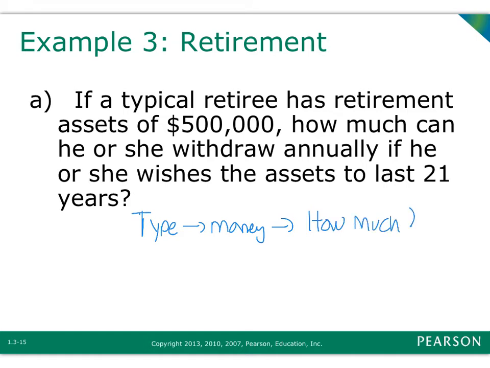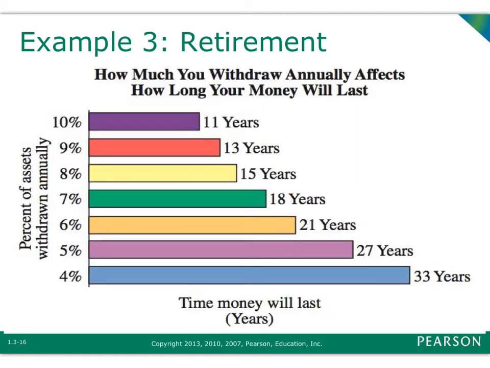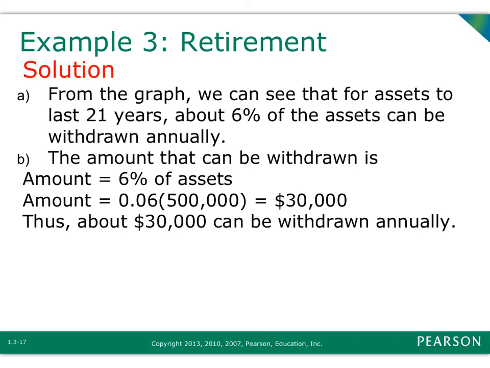So we go back and we say, what are the issues here? The first thing is we look at 21 years. We want it to last 21 years, so we see that 6% can be withdrawn from the assets annually. So from the graph, we can see that for the assets to last 21 years is about 6%.